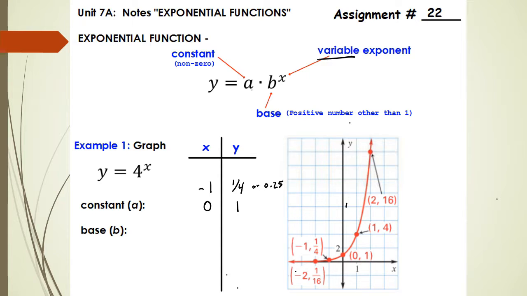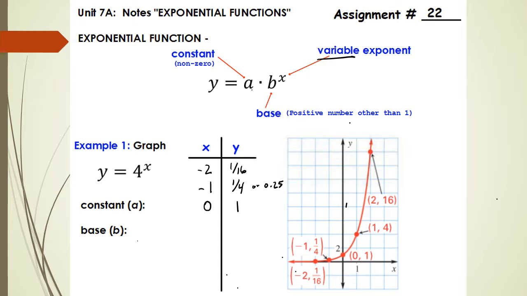All right. And if you went further back, we would get an even smaller number, right? So 4 to the -2nd, which is 1 over 4 to the 2nd, or 1 over 16. So a really, really small number, which is fairly close to 0, is what you would get if you plugged -2 in for x.